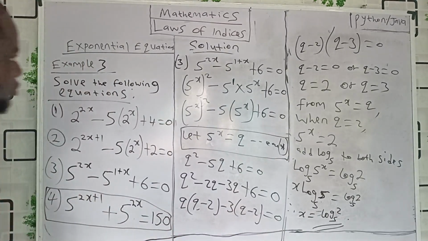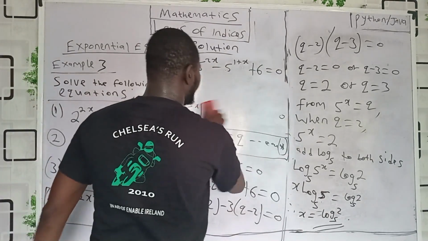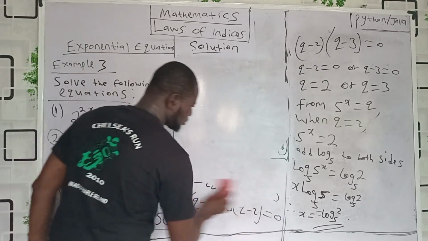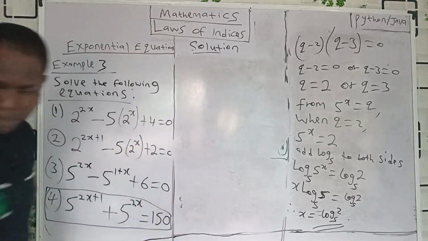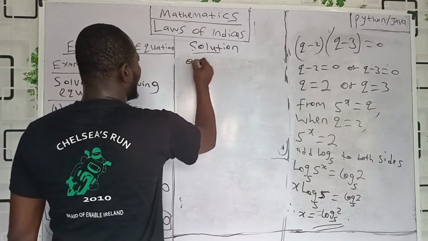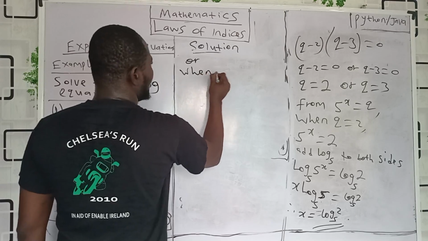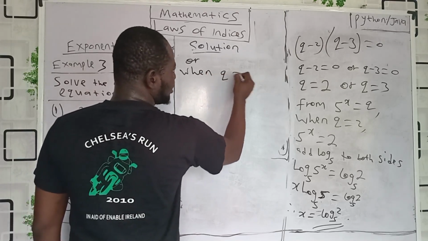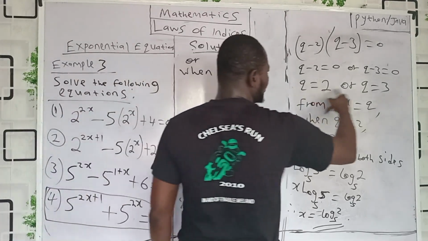And finally, we now say, or when q is 3. Don't forget, we obtained q is 2 or q is 3.